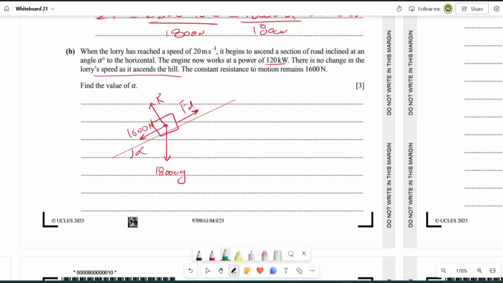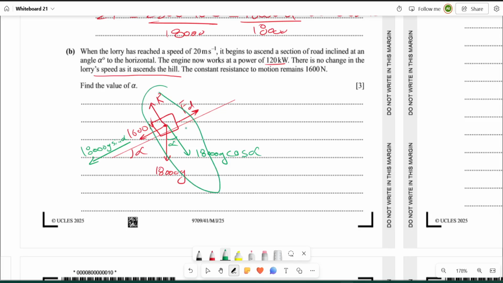And now I just need to resolve my forces. This is going to be 18,000 G cosine alpha, because this is alpha. This is going to be 18,000 G sine alpha, right? Now, the y direction is not really going to help me because I don't need R for anything.